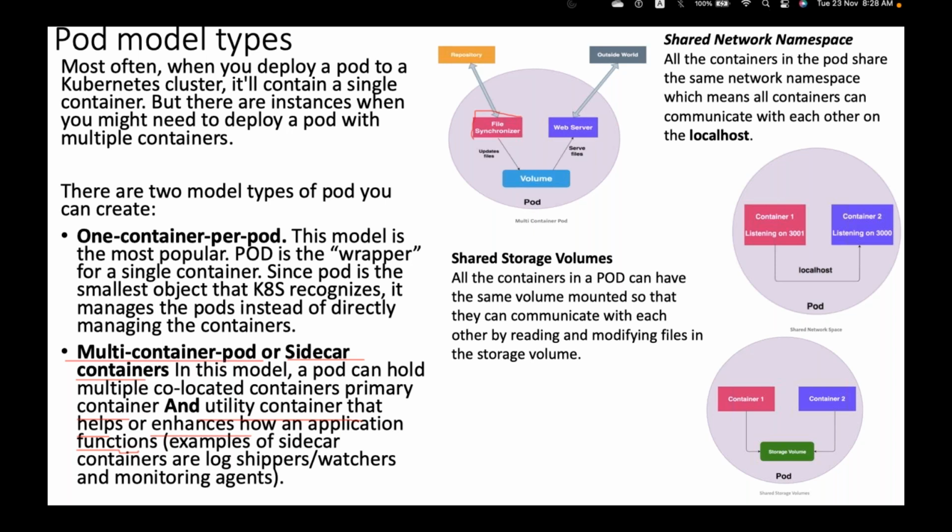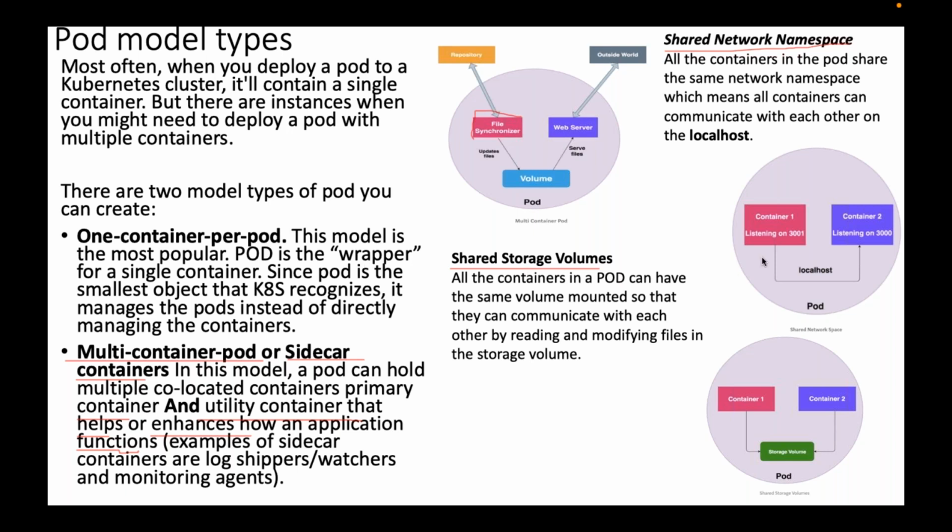As I already told, what is common for the containers which are running in the same pod? They share the same network and the same storage. One container has to communicate with another container running in the same pod.